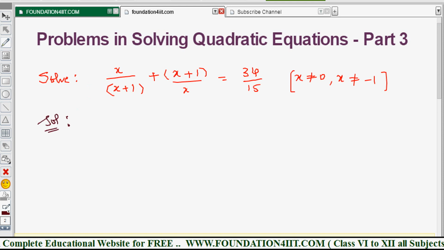So we need to make it into general form first. Whenever it is like this, you can take the LCM. That means x into x plus 1, these two, and divide by both denominators. In that way you can multiply.